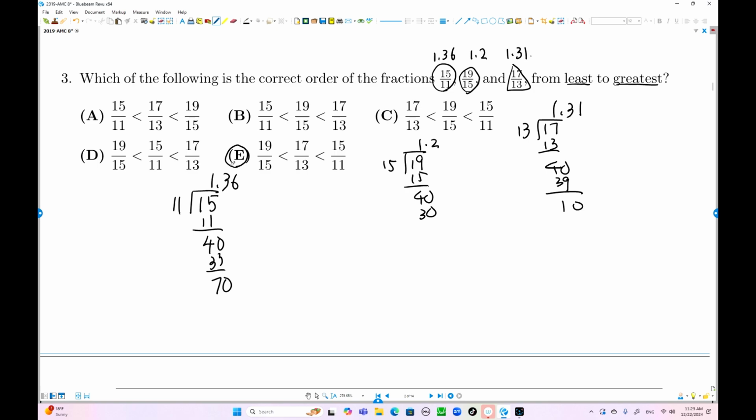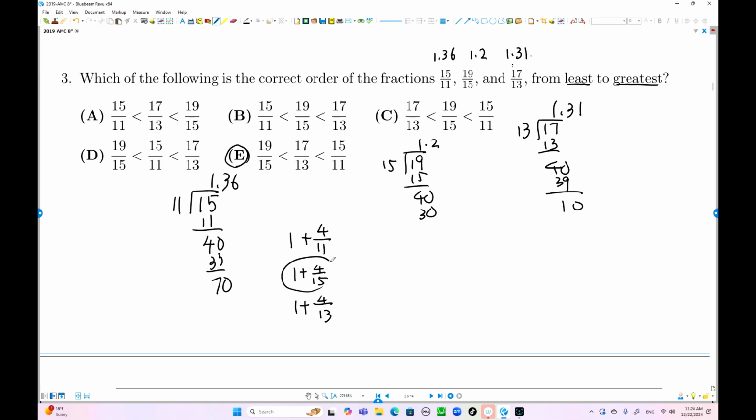Or we might have used some skills. What is that? Maybe you can reduce this one. 15 over 11 is 1 plus 4 over 11, right? Second one is 1 plus also 4 over 15. Last one is also 1 plus 4 over 13. You can compare, right?